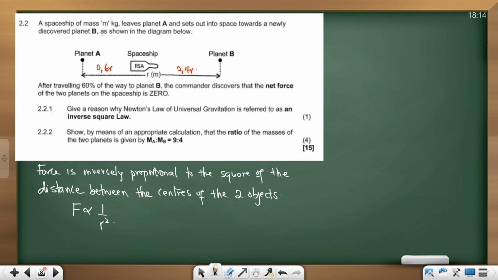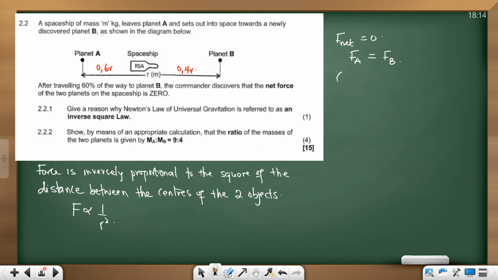Show by means of an appropriate calculation that the ratio of the masses of the two planets is given by MA to MB. Interesting here. Now, it says net. Once it says net, understand that we're working with both sides. So if we say the F net is 0, it means the F of A on the spaceship should be equal to the F of B on the spaceship, just like we did earlier on.